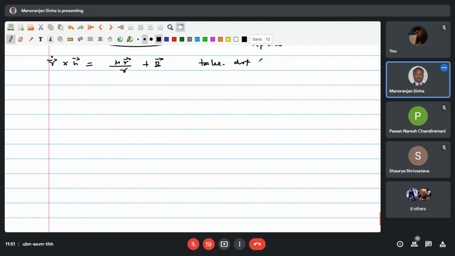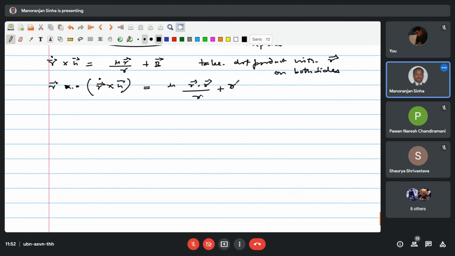Take dot product with r on both sides. r cross r dot, this we can write as r cross r dot h, a triple dot product.